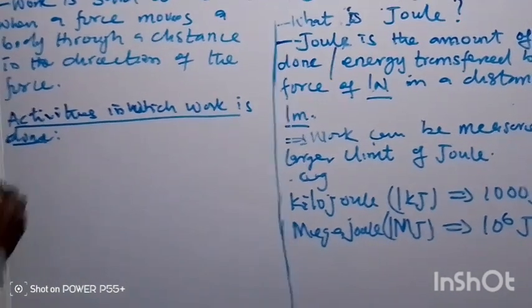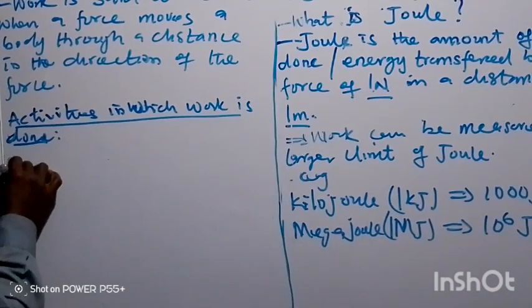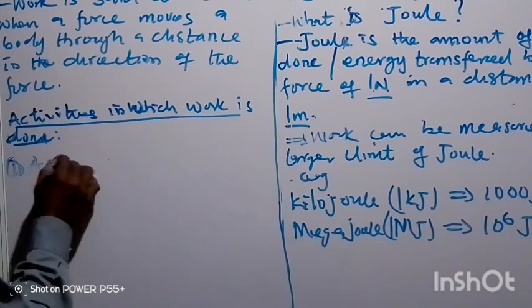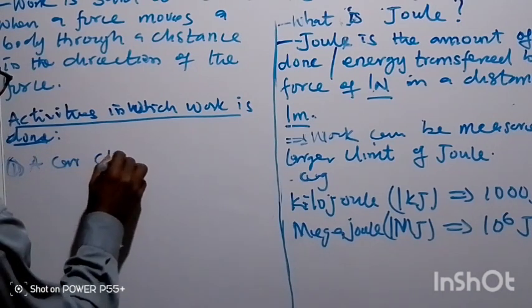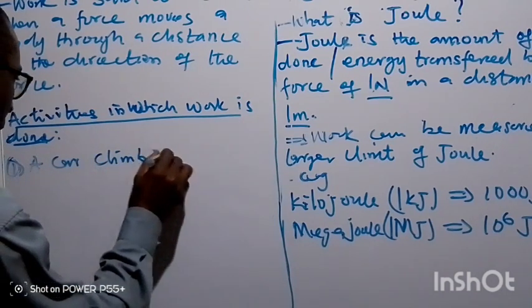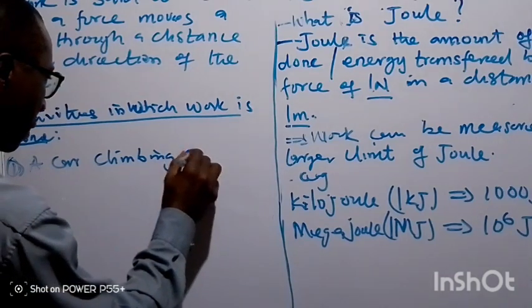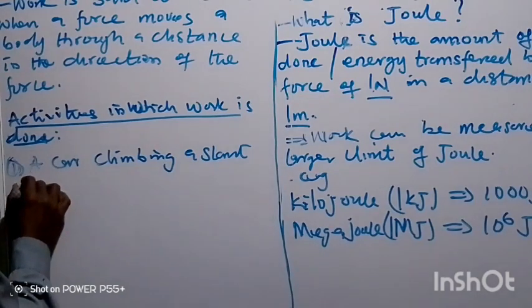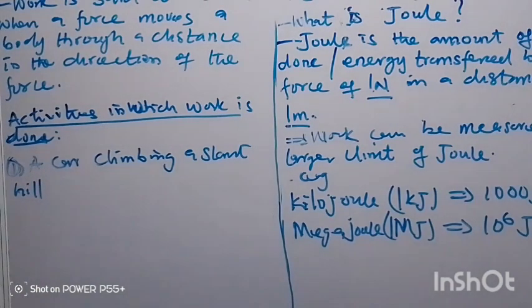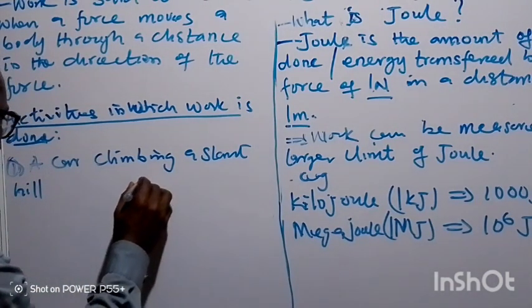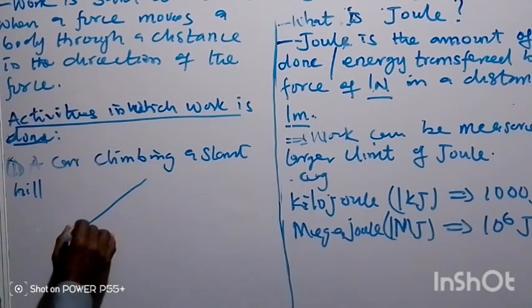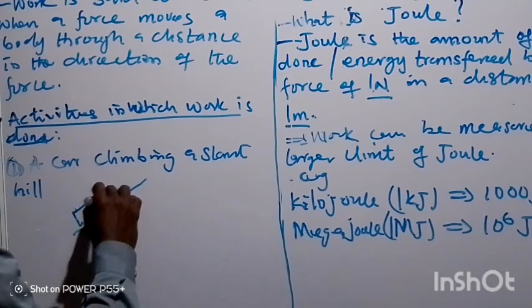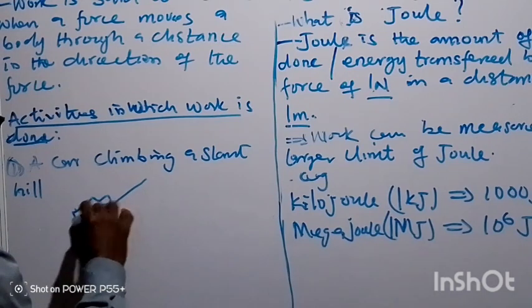So, number one, a car climbing a slant. Let's say this is a slant, and this is the car moving up like this.